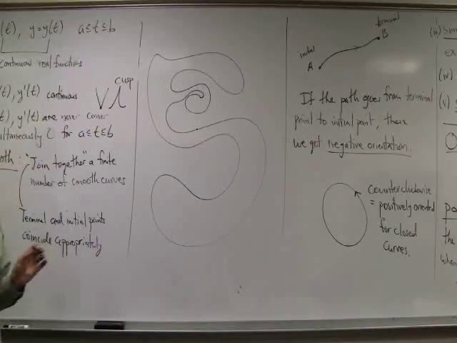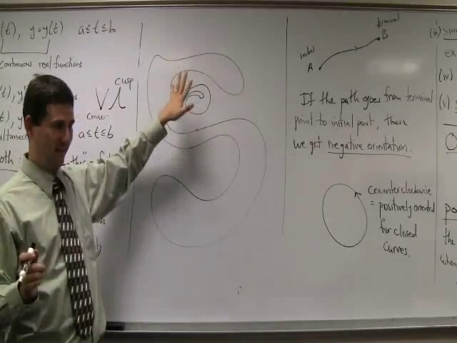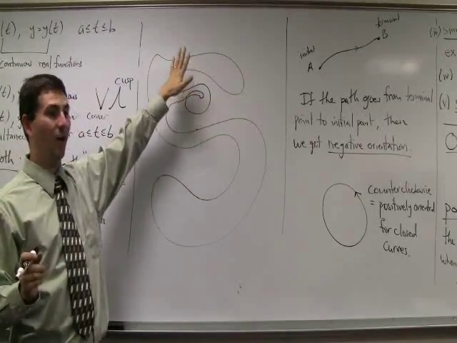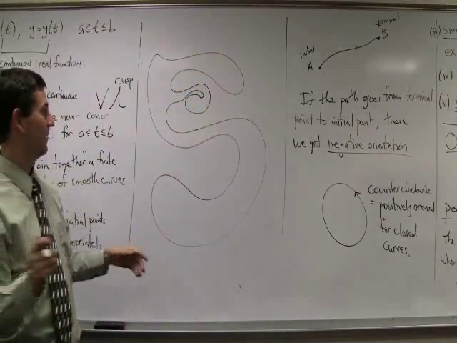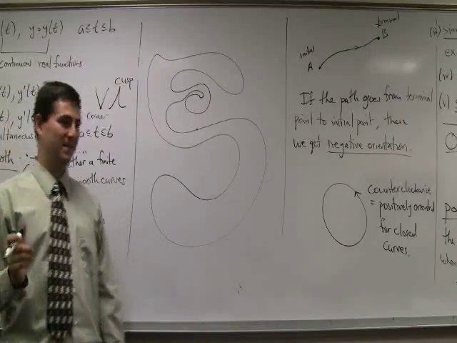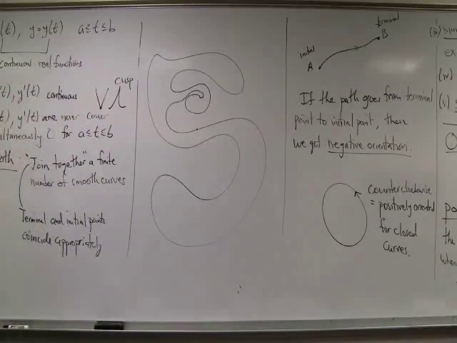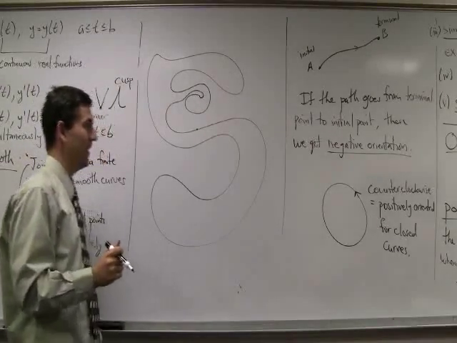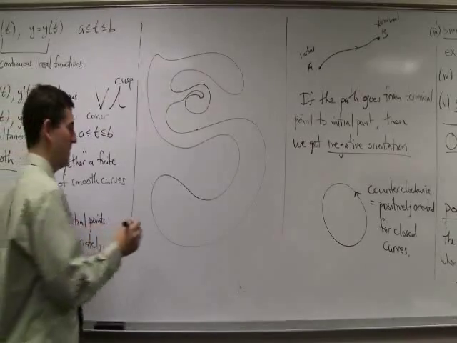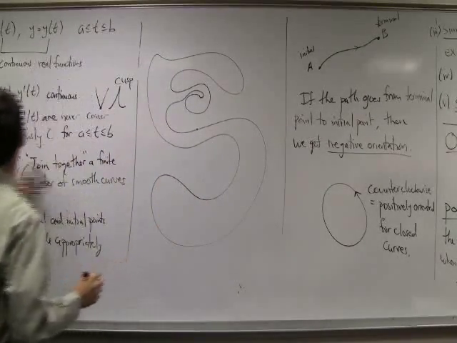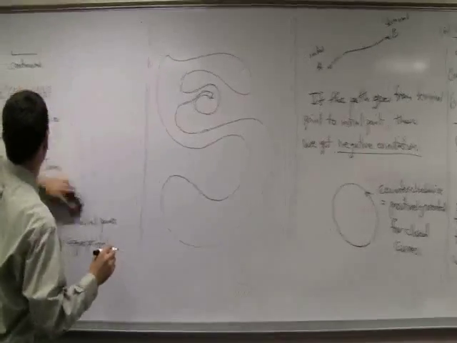Whether that's true or not is irrelevant. The point is, I can make these things arbitrarily nasty and make it harder and harder to figure out which way is counterclockwise. Going to the left is not always going to be the answer. If you were on the underside of one of those, it would probably be going to the right. The question is, can you always tell whether you're on the underside or not? Sometimes. Okay, if I draw another one, let's see if we can make it really bad.